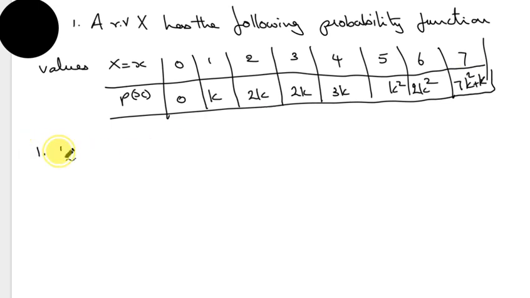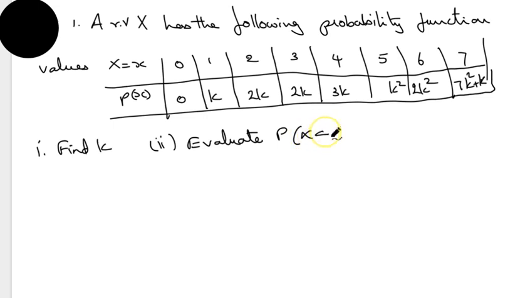Find k. Your second subdivision, evaluate probability of x less than 6, probability of x greater than or equal to 6, and probability of 0 less than x less than 5.